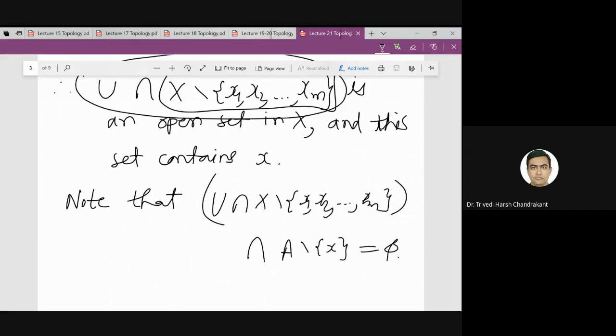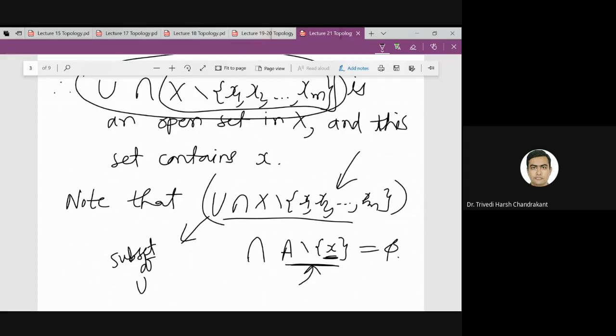Because X already belongs to this set, and this is a subset of U, and U intersects with this set only in x1, x2, xm, which we have already removed by taking the intersection, and we also removed X. So therefore this is a null set.